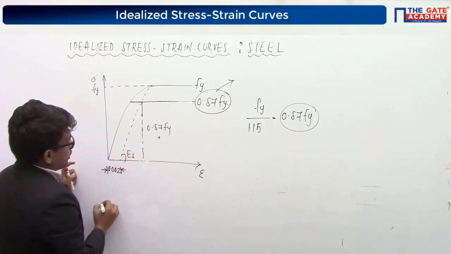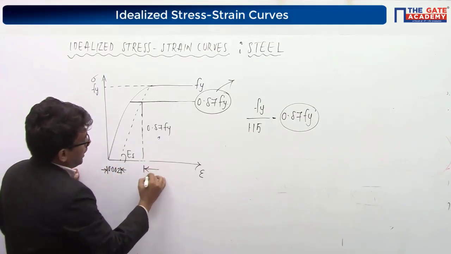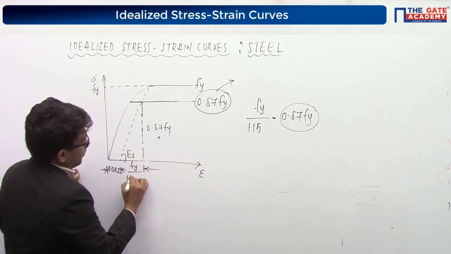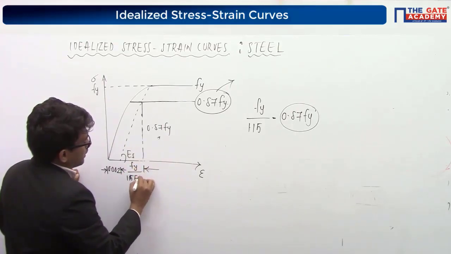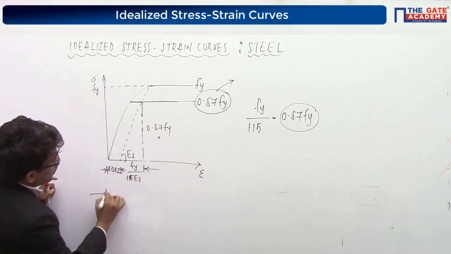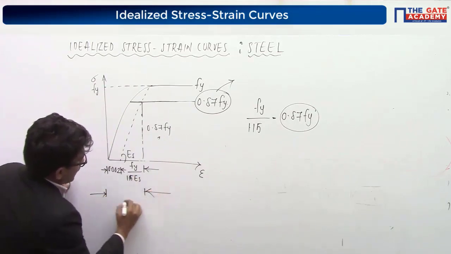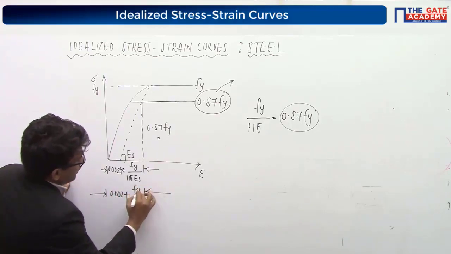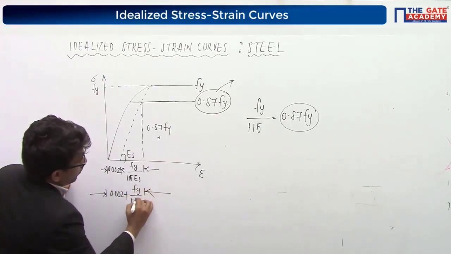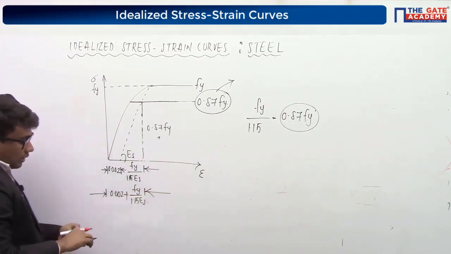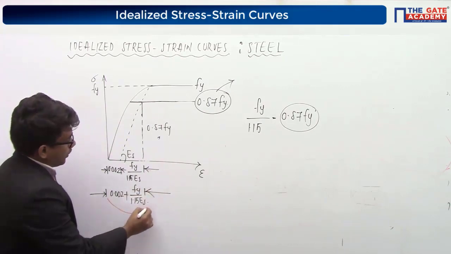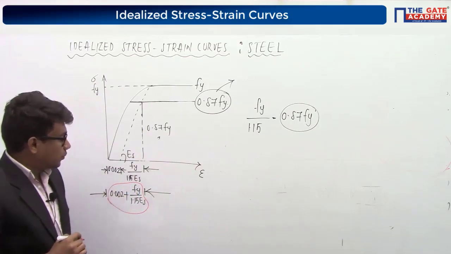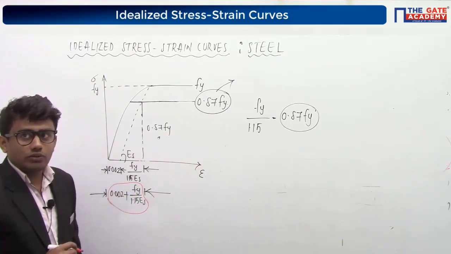It will be 0.002 and the remaining portion will be Fy divided by 1.15 Es. So the total strain value is equal to 0.002 plus Fy divided by 1.15 Es. You have to remember this: the strain value here will be equal to 0.002 plus Fy divided by 1.15 Es.